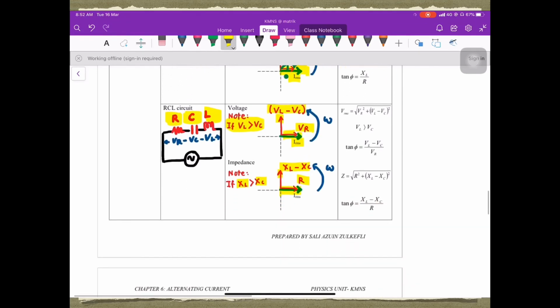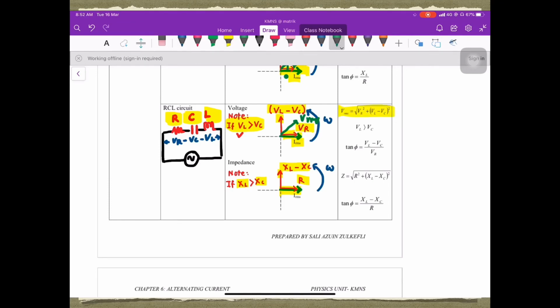But for the combination RCL, we need to look at the case. For this case, VL is greater than VC. So VRMS here. To find VRMS, we use the Pythagoras theorem.